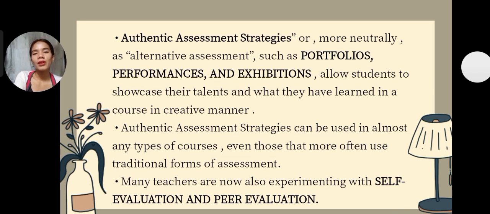We are already familiar with these authentic assessment strategies because these are the strategies that the curriculum in this generation uses. This is the replacement of the traditional assessment strategies, the paper and pen strategies.